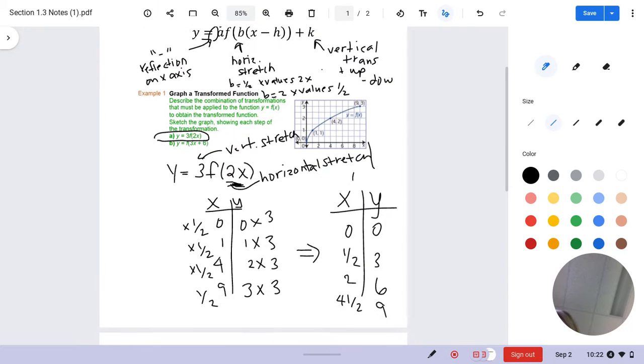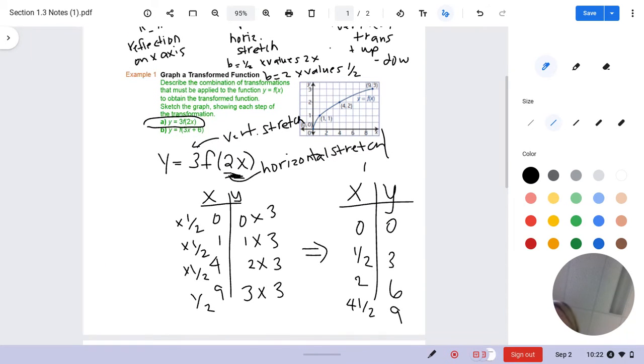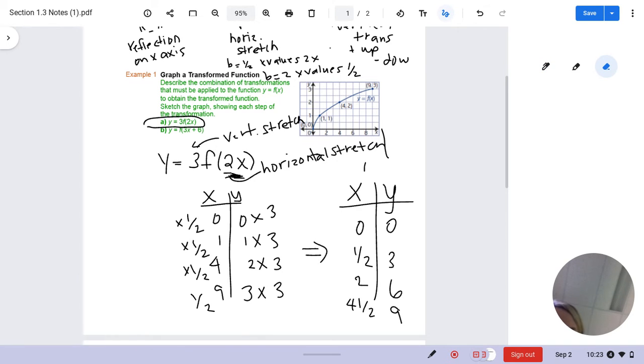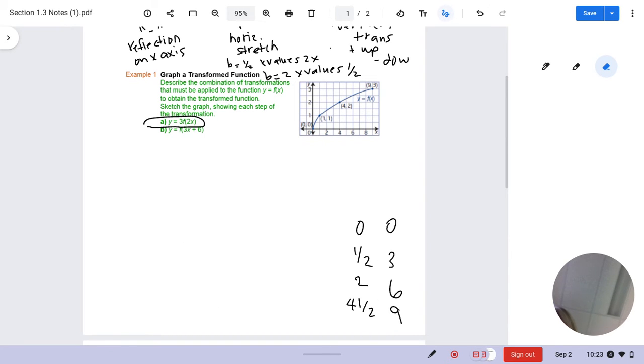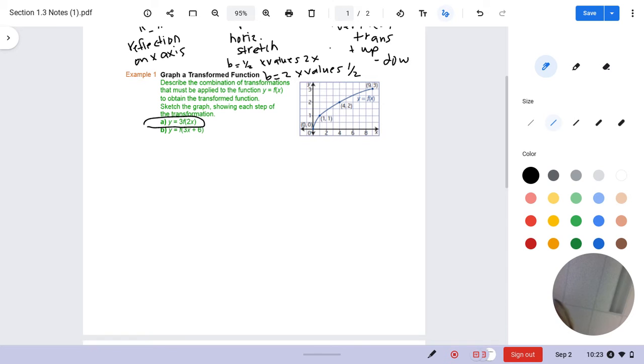Okay, for the second part of that example, I'm just going to erase. And our equation is y is equal to f of 3x plus 6.